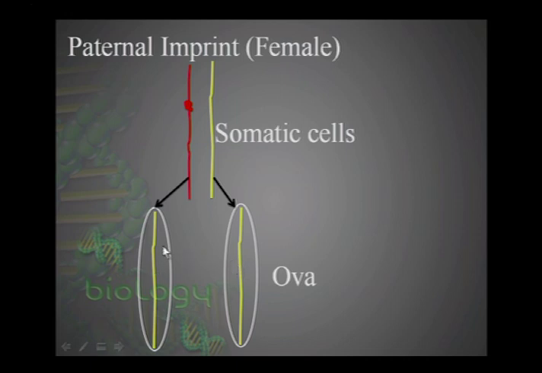So in a paternal imprint, the imprint is only placed or applied in the paternal lineage. The mom will actually remove the imprint when she makes her ova. So she will uncoil the imprinted alleles. She will be passing on active alleles, whereas dad is passing on inactive alleles. So when those come together in the offspring, there will be one active allele and one inactive allele.